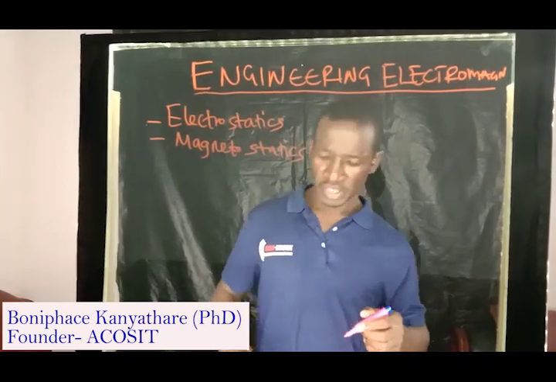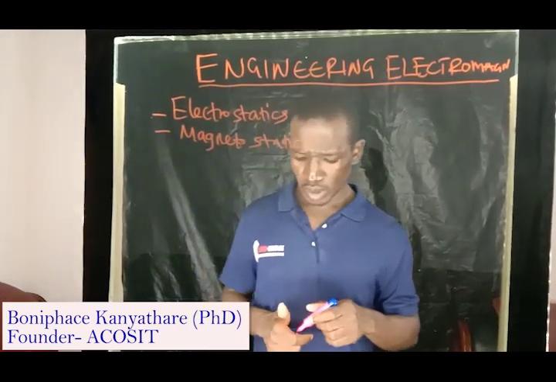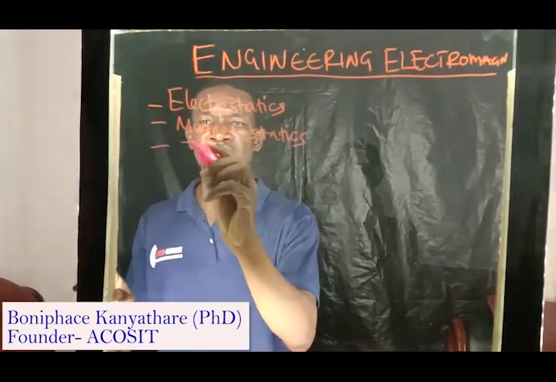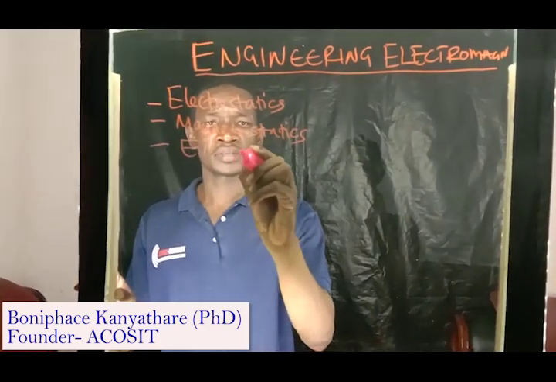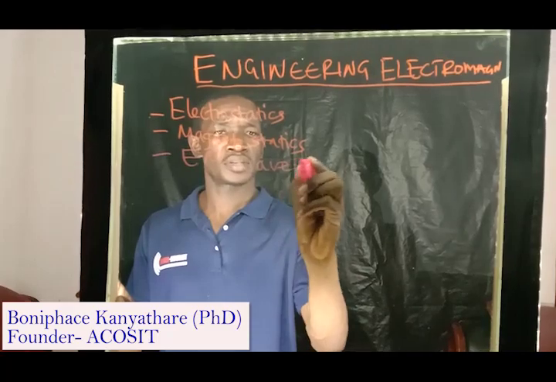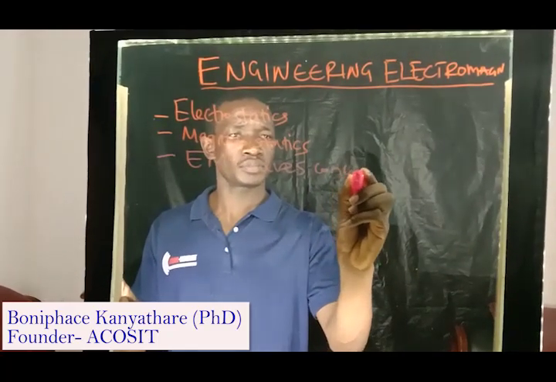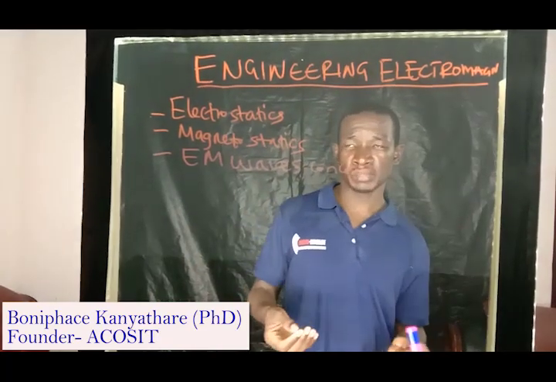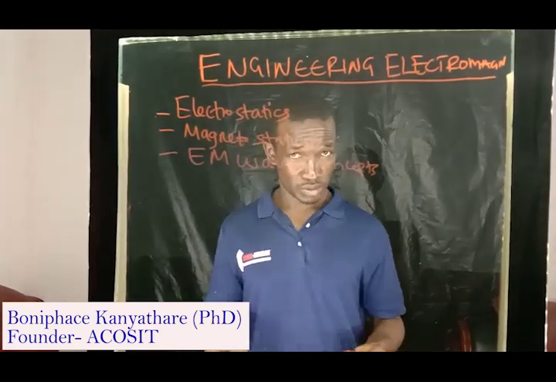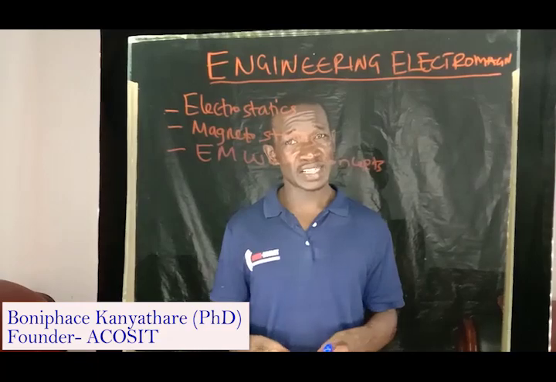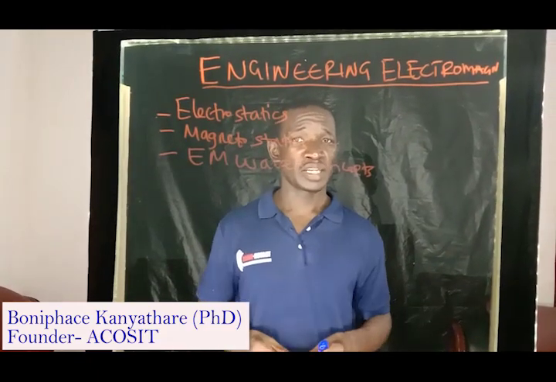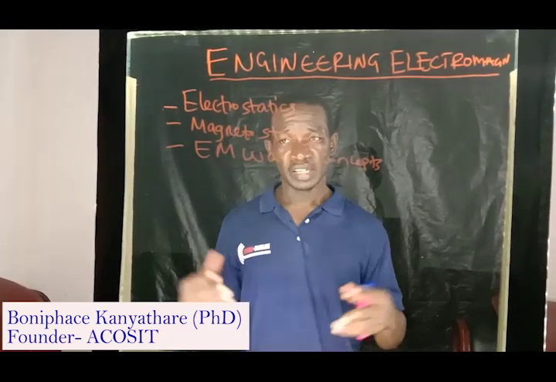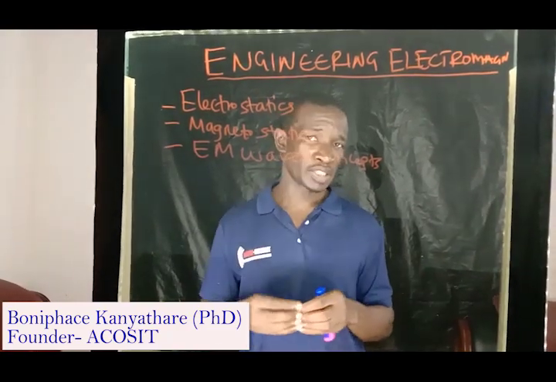And then we are going to describe some fundamental concepts of electromagnetic waves. When I say fundamental concepts, I mean the building blocks, the essential things that you actually have to understand in order to really be able to reap the most out of the different operations that we'll do with electromagnetic waves.